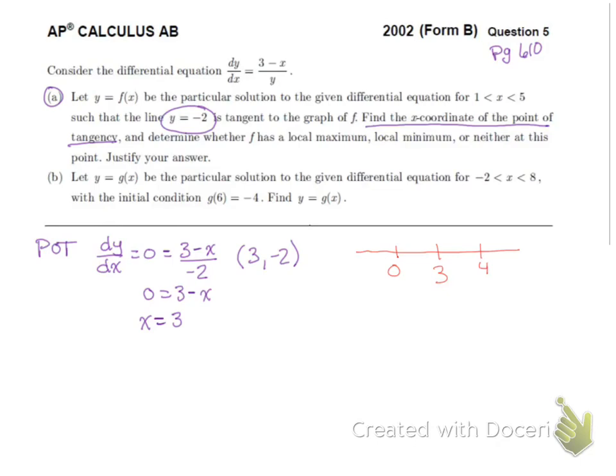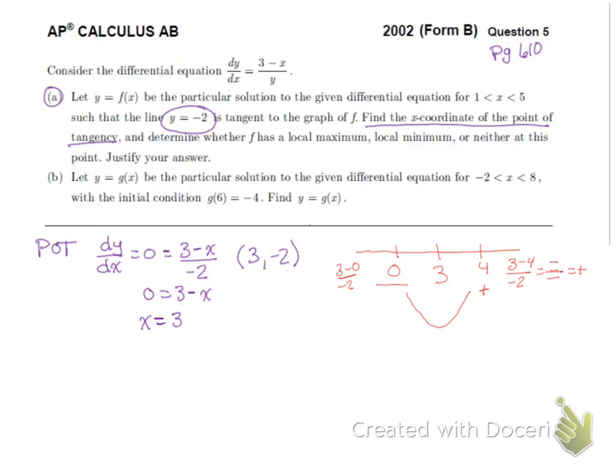Okay, so if I plug in 0 into dy/dx, 3 minus 0 over -2, is that going to be positive or negative? Well, that looks like it's going to be negative. Okay, over here, 3 minus 4 over -2, well, that's going to be a negative over a negative. Whoop, just going to equal positive. So if my slope is negative and then positive, that means I have a minimum.